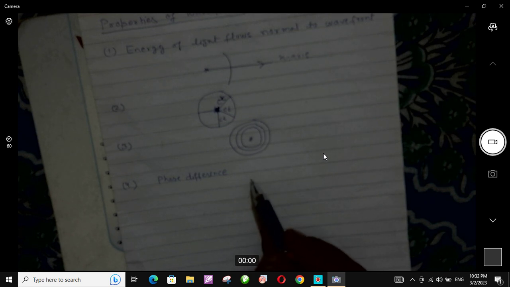So every particle lying on the same wavefront has the same phase. So phase difference between each particle lying on the wavefront will be zero. There will be no phase difference between particles lying on the wavefront.